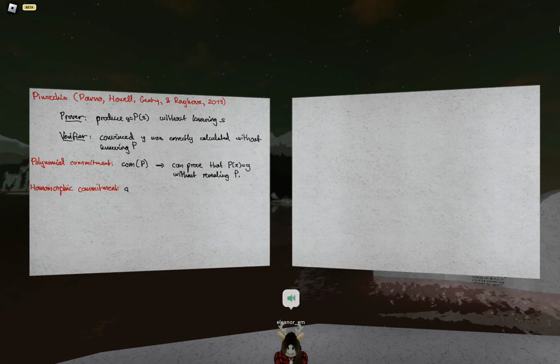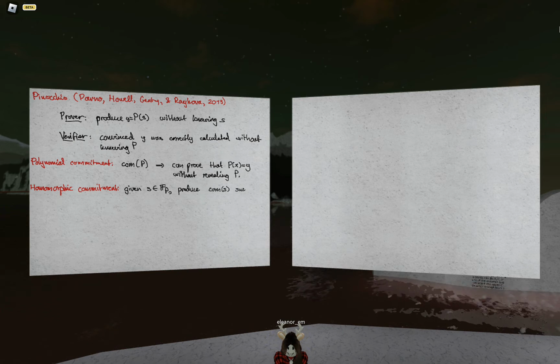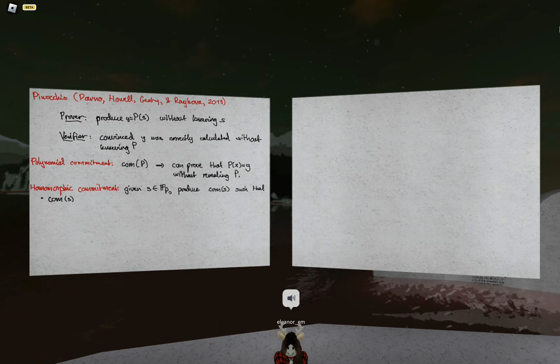So I've got some secret value S in my field, and I produce a commitment such that the commitment gives no information about S.